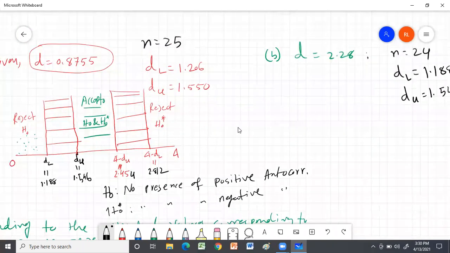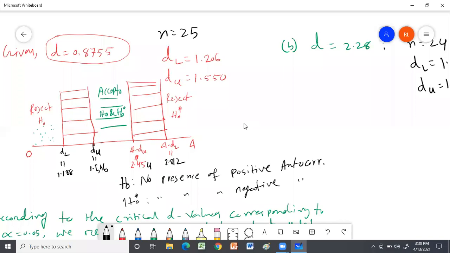Now you tell me what is your decision: rejection zone, acceptance zone, or indecision zone? So you can see that 2.28 has fallen between 1.546 and 2.454, right? Here is 2.28. So it has fallen under the acceptance zone. Acceptance zone means you accept both null hypotheses, which are no presence of positive autocorrelation as well as no presence of negative autocorrelation.